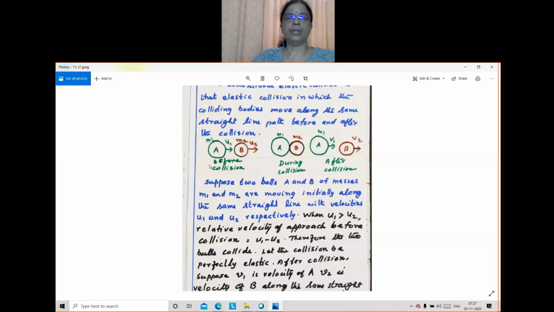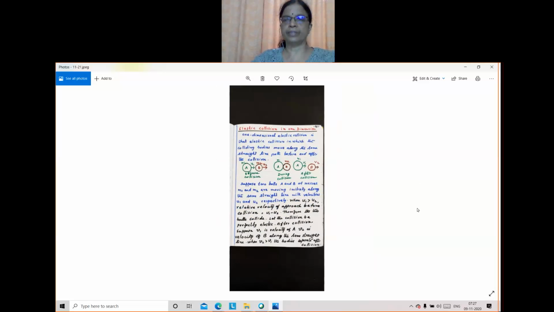The first body gets the second body's velocity after collision. Understand? That is the special case, okay?